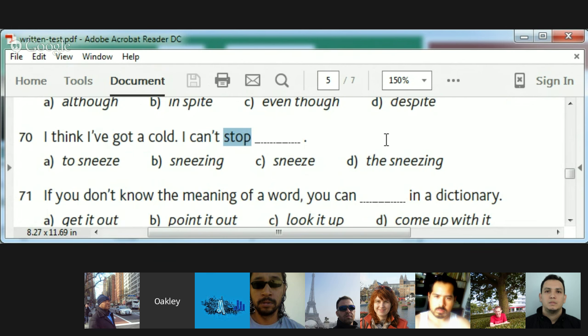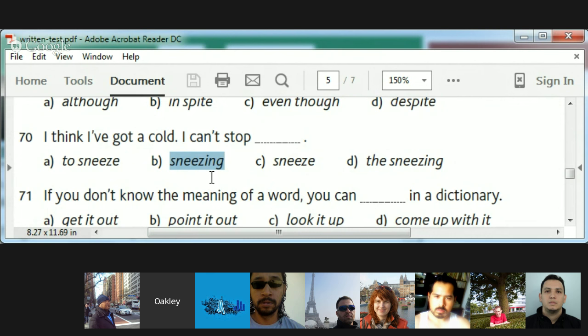What you have just said, Alejandro, I can't stop to sneeze, that means like you're working and you can't stop working in order to sneeze, which doesn't really make sense, but that's what it means. Instead, I can't stop sneezing. You're sneezing over and over and over again. It should be: I can't stop sneezing, with the gerund form.